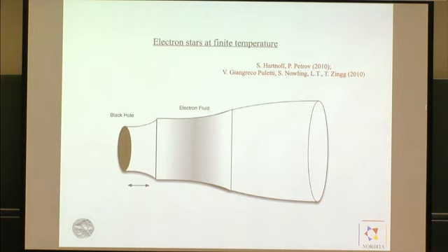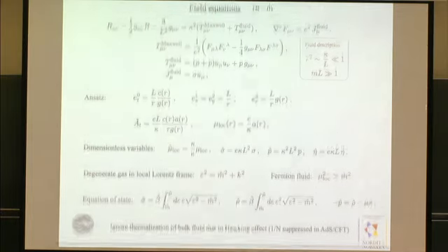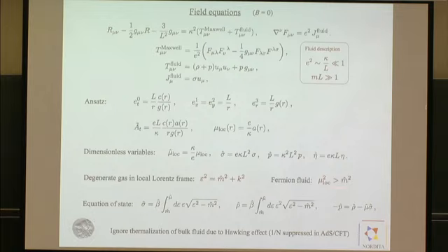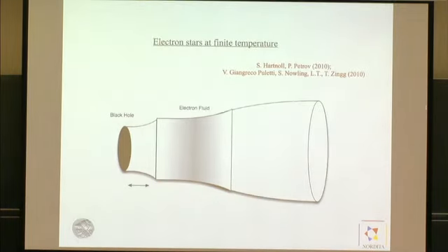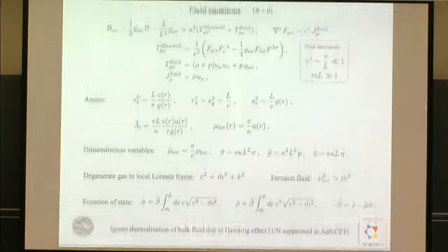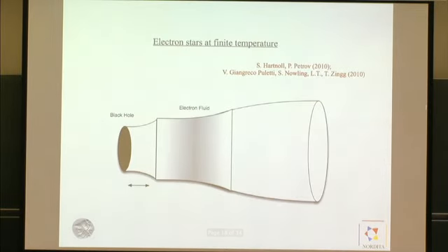And so it then grows away from the horizon, and if at some point you satisfy this condition here, that the local chemical potential becomes bigger than m squared, then you will find that you start having a fluid. And then as you go asymptotically to infinity, the local chemical potential also vanishes, and so there must be an outer edge to this fluid. And this outer edge, of course, it has in common with the electron star. The new feature here is that there's an inner edge as well to the fluid.